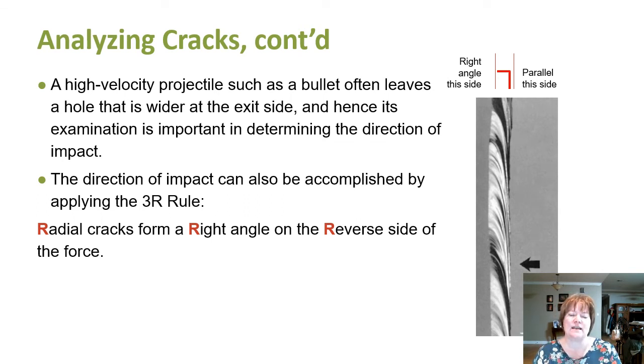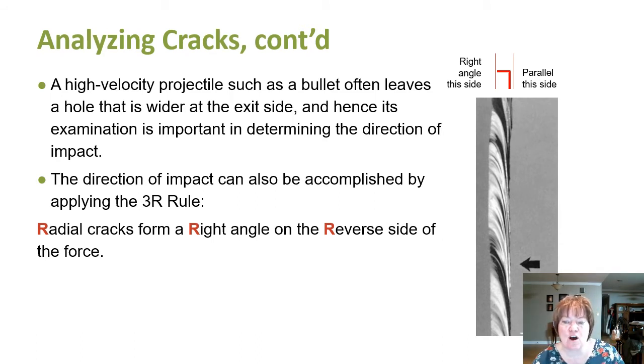What we find is that the radial cracks form a right angle on the reverse side of the force. What do we mean by that? If we look at this piece of glass that was hit from the right, and we look at these patterns, they don't look like little L shapes, they look curvy.